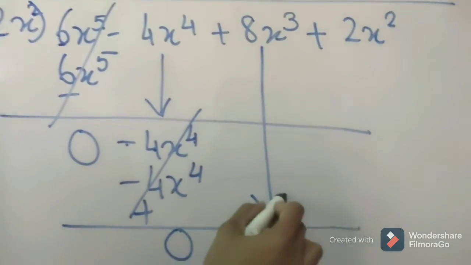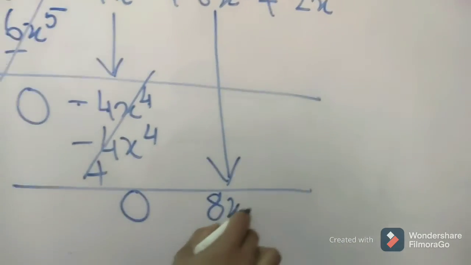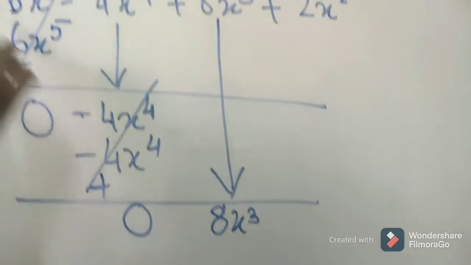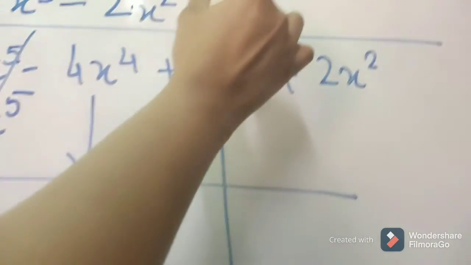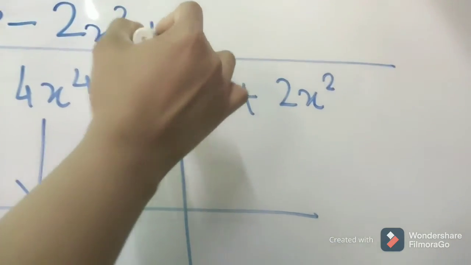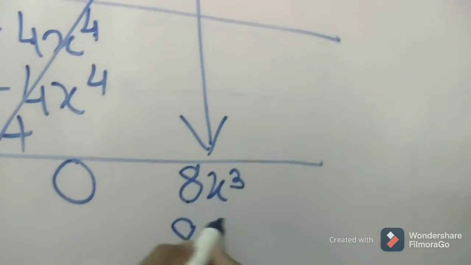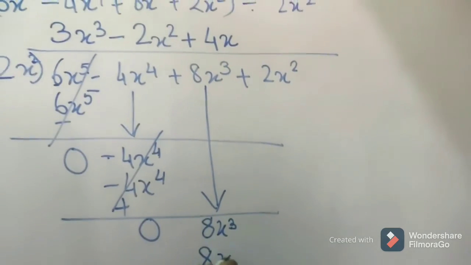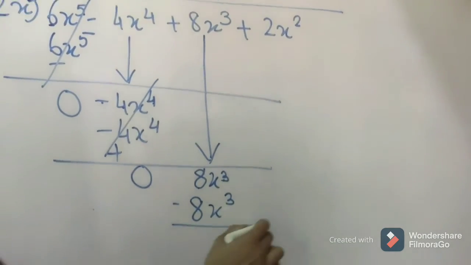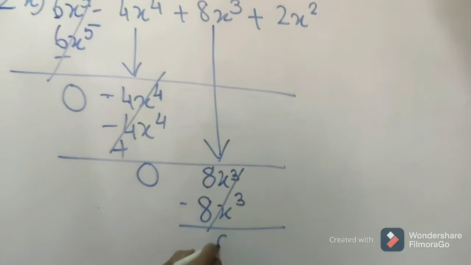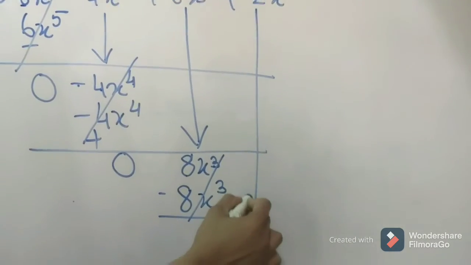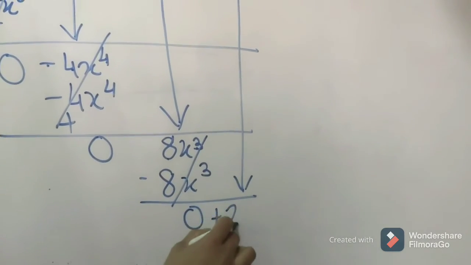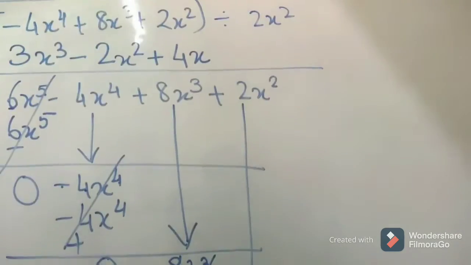The third term comes down now, 8x cube. In 2's table 8 goes 4 times. There's a plus sign, so I'm writing plus here. So 8 and 3 minus 2 is 1, so I write 4x. So I get cube. I change the sign, this cancels out, I get a 0, and the last term comes down, that is 2x square.